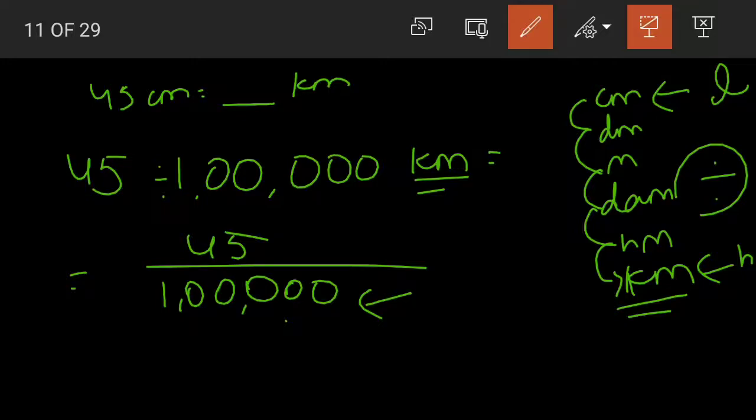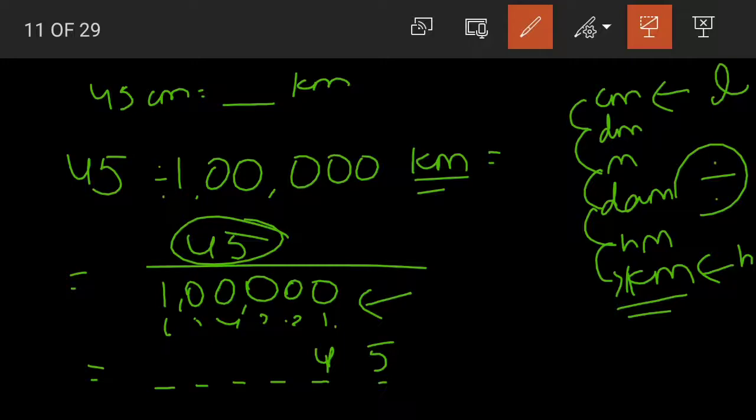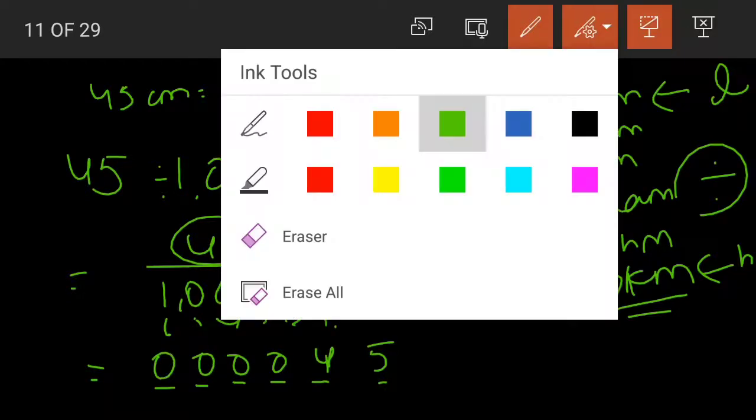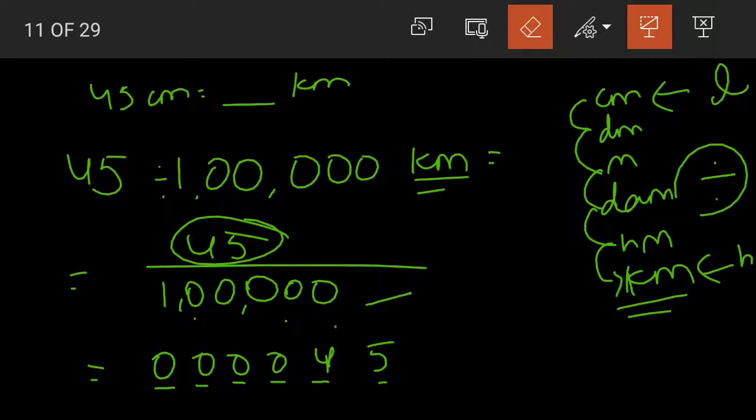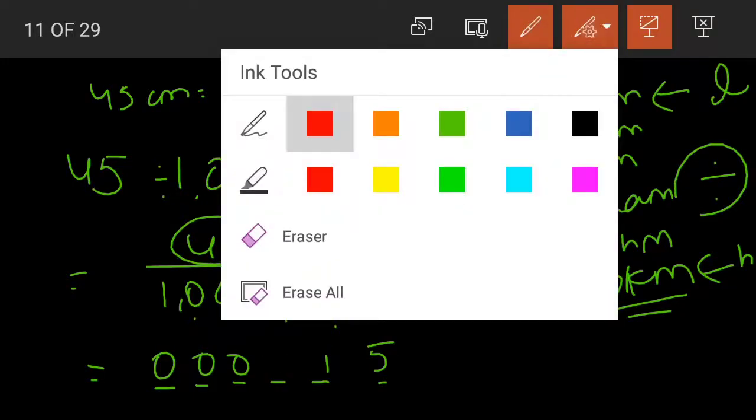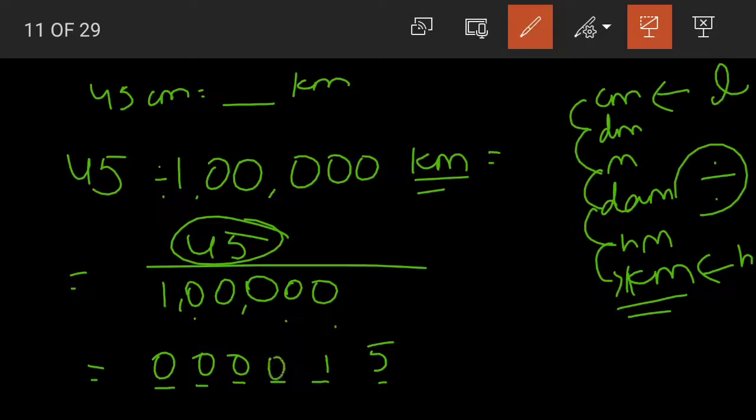Now, how to convert this? First, count the number of digits in the denominator. 1, 2, 3, 4, 5, 6. So, our numerator should also be a 6-digit number. We have 45. We'll write 45 as it is here in the last digits. Now, what to do with the remaining 4 digits? We need to place zeros. Now, the next step would be to count the number of zeros in the denominator. 1, 2, 3, 4, 5.